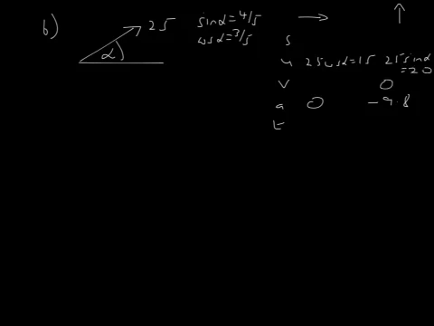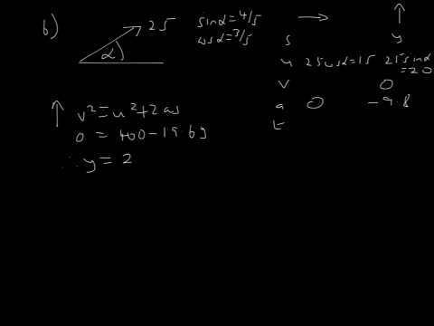At the highest point the speed is 0, so we can use v squared equals u squared plus 2as vertically, so 0 equals 400 minus 2 times 9.8 is 19.6 times the distance, which we'll call y. So y is 400 over 19.6, which is 20.4.